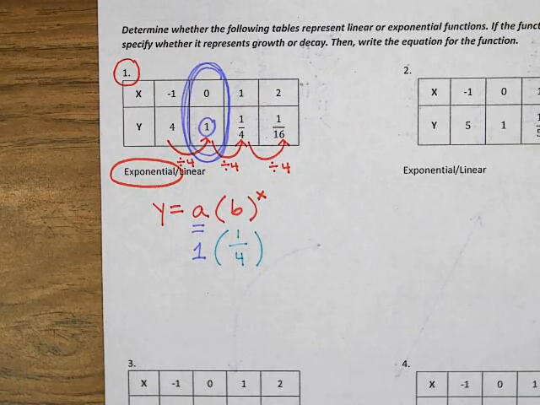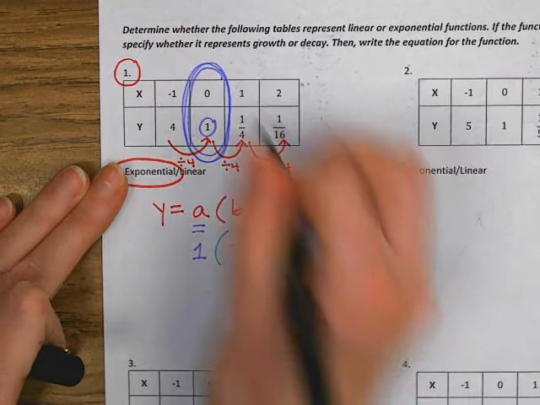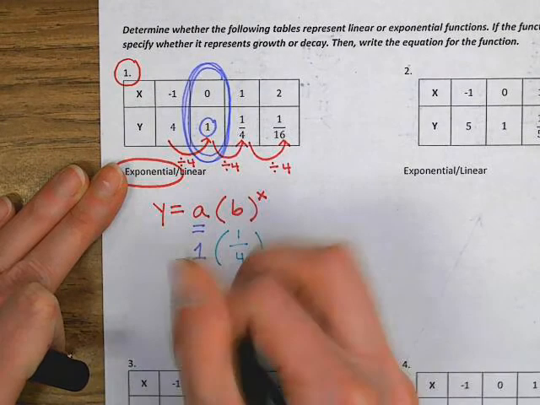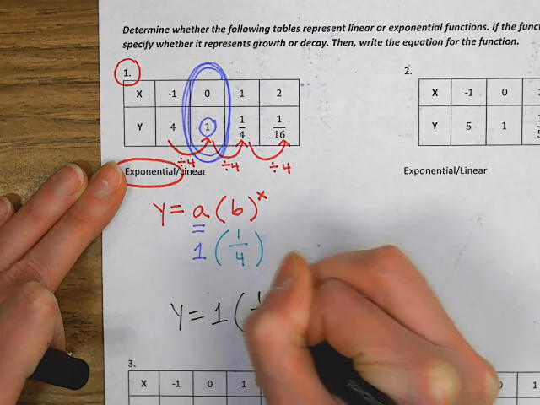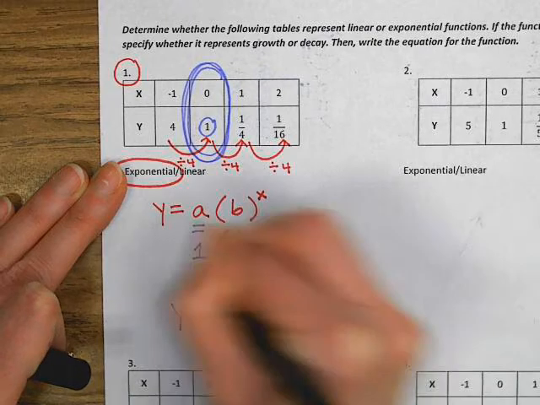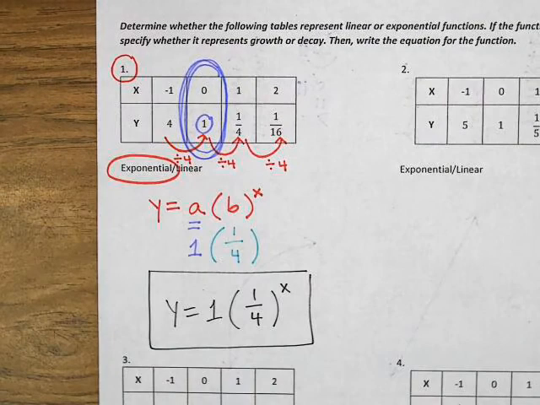So b is actually 1/4. Okay, so if you put it all together, the equation of this exponential data is y equals 1 times 1/4 to the x power. Okay, so that's an example of an exponential.